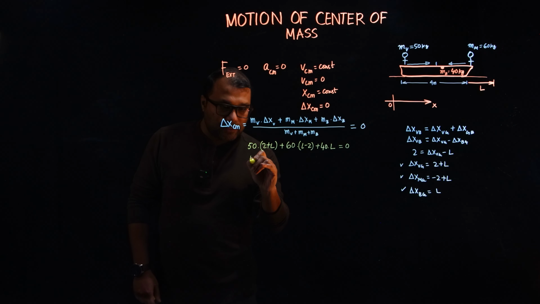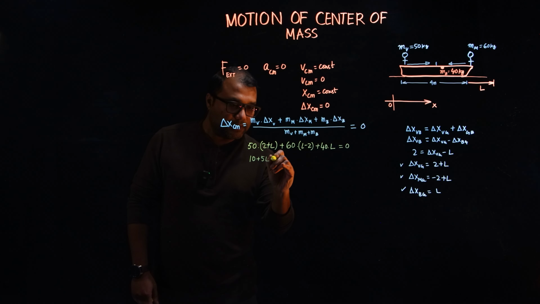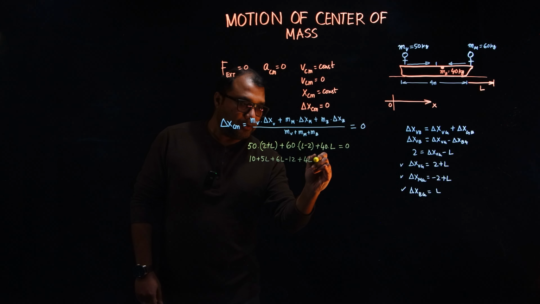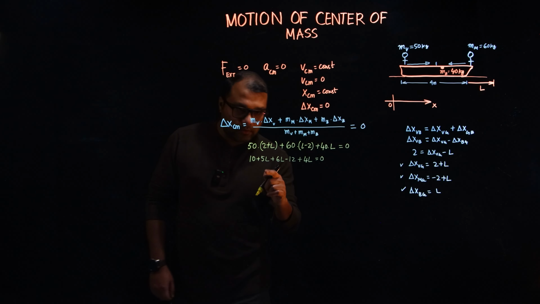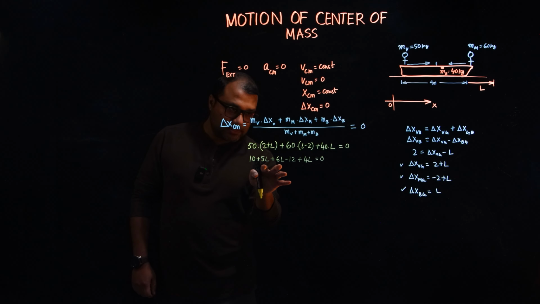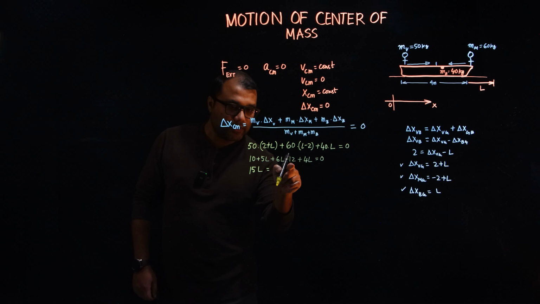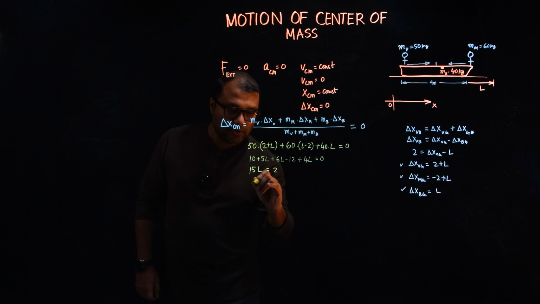So we can write 10 plus 5L plus 6L minus 12 plus 4L equals 0, or 5 and 6 is 11, 15L equals 12 minus 10 is 2, or L is 2 by 15 meter.